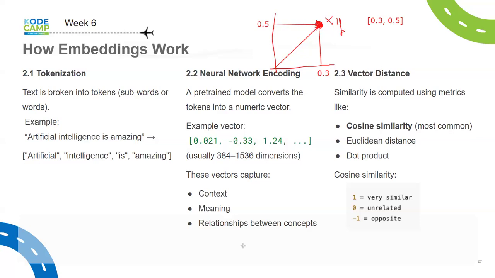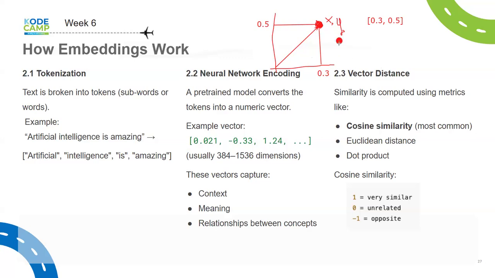Now, if we're doing the cosine similarity, let's assume I have a second vector, right? So this could be x1, y1. And then you have a second vector, a second point in space, right? In this same two-dimensional space, let's say I have a second point, and this second point is here.